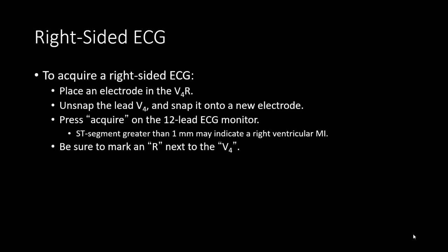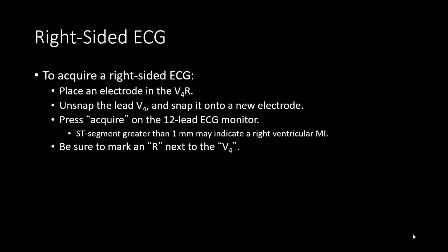Now you want to make sure that you do mark this, all right? And if you see ST segment greater than 1 millimeter, it may indicate a right ventricular MI, and that's going to be enough information there for you to determine, hey, I probably want to withhold nitrates.